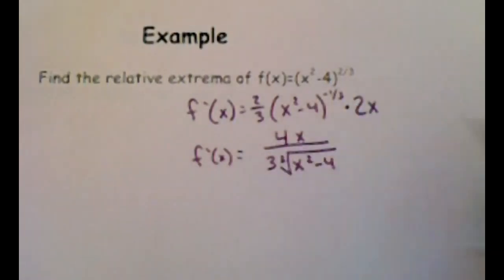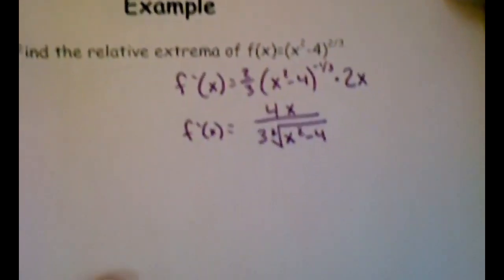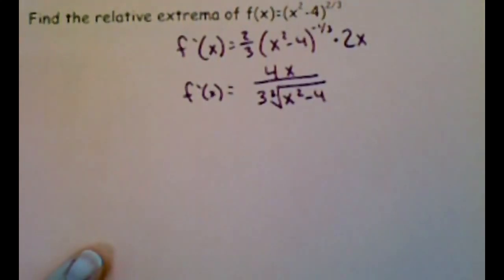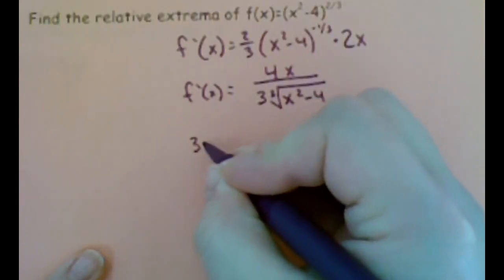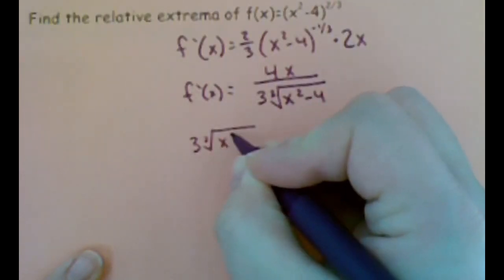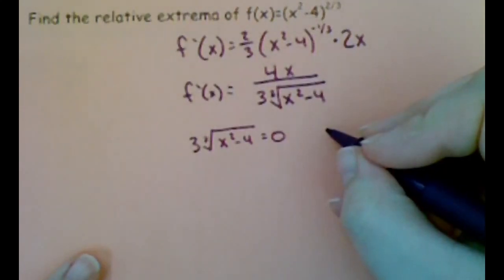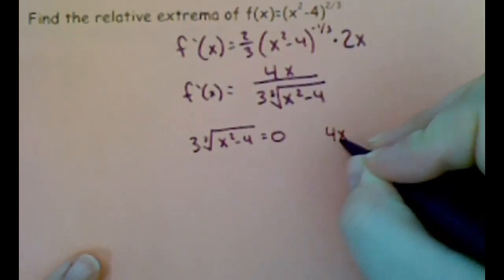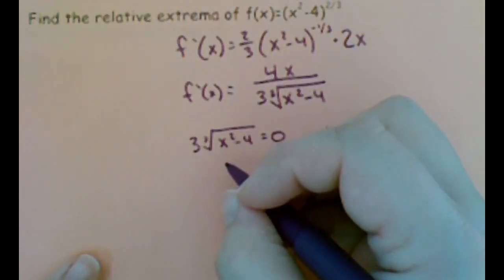There's my derivative. I need to find the critical numbers. And remember, the critical numbers are when the derivative equals 0 or doesn't exist. The derivative doesn't exist when the denominator equals 0. So I need to worry about that. And also when the whole thing equals 0, which is to say that the numerator is equal to 0. Well, the denominator equals 0.